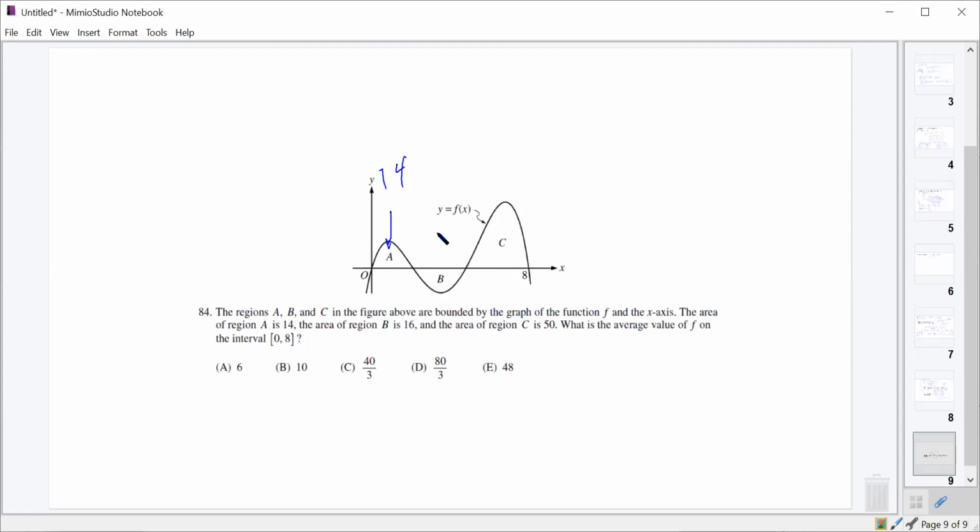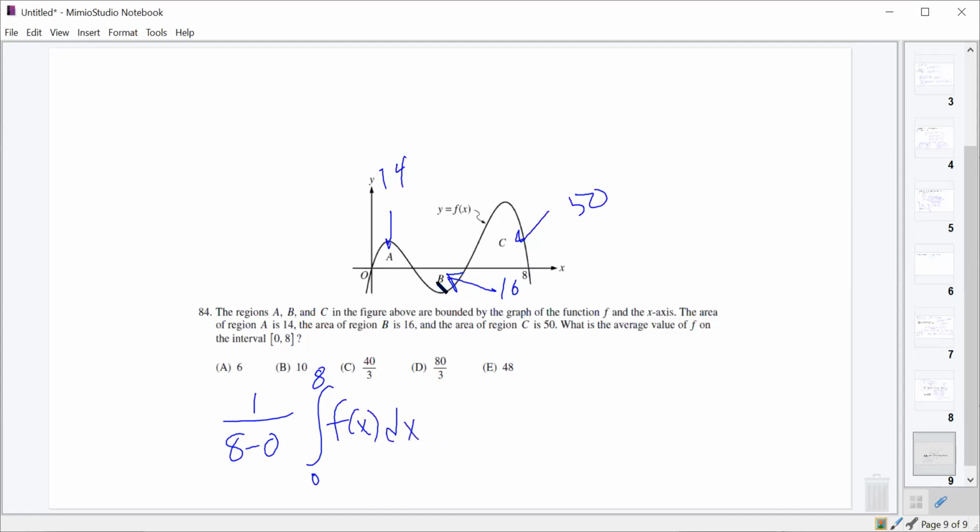This one's area is 14, this one's area is 16, and this one's area is 50. We want to know the average value of f on the interval from 0 to 8. Well, the average value of f from 0 to 8 ought to be 1 over 8 minus 0 times the integral from 0 to 8 of f of x.